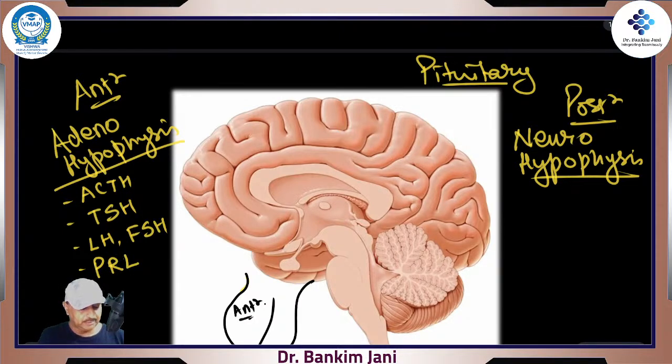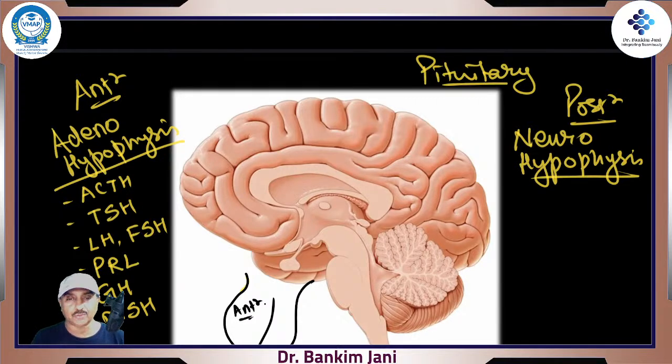Then very important, growth hormone, by somatotrophs. And one more, melanocyte stimulating hormone. So 1, 2, 3, 4, 5, 6, 7, yeah, 7. These are the 7 hormones which are released by adenohypophysis.